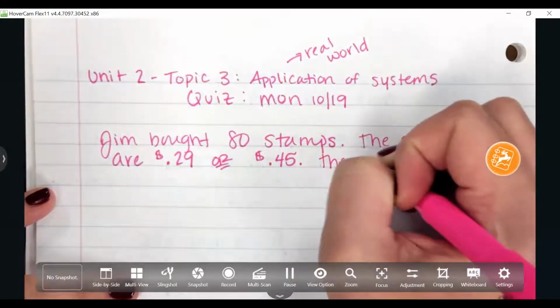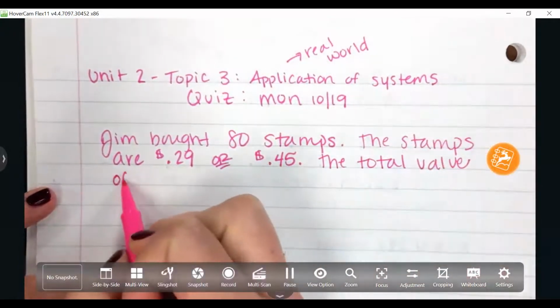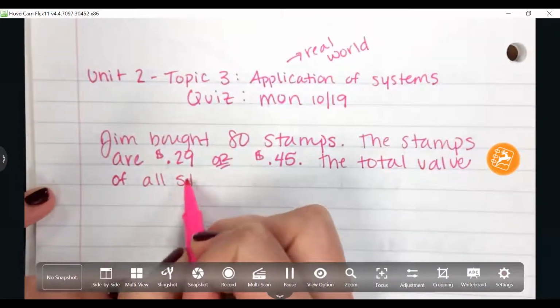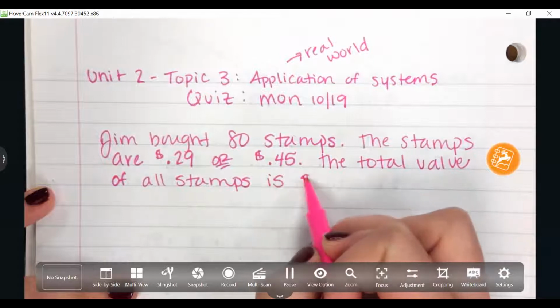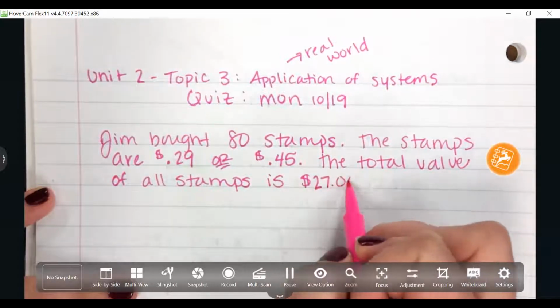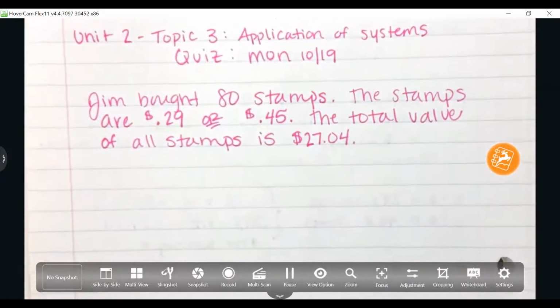The total value of all stamps is $27.04. So we are going to write equations to help us solve this problem if we were solving, okay?